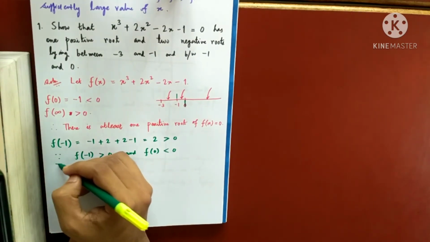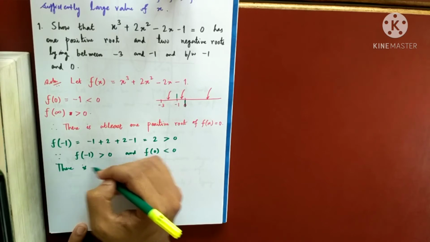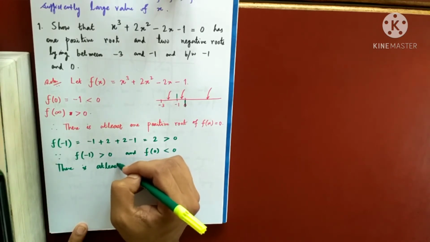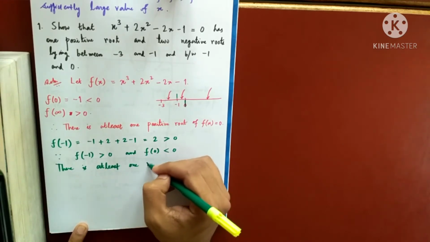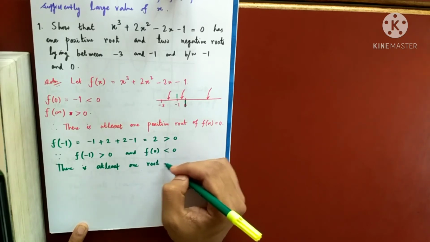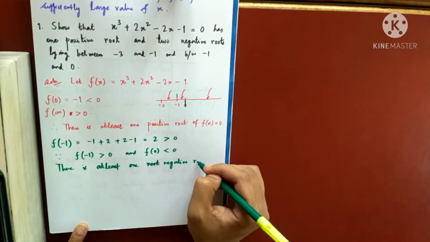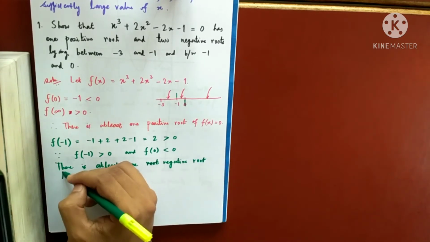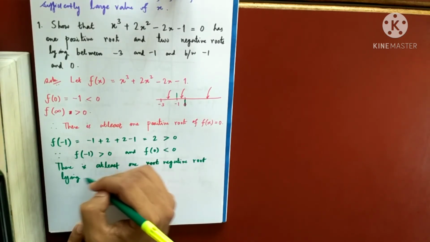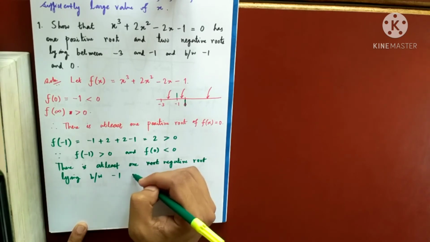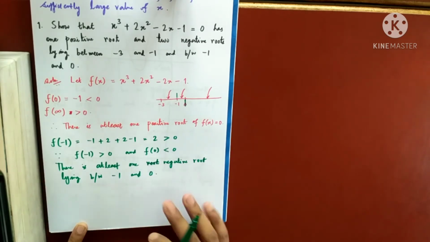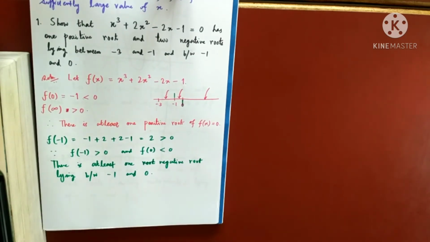So there is at least one negative root, because the root will definitely lie between minus 1 and 0. And similarly for the last one, I have to prove that there lies a root between minus 3 and minus 1.